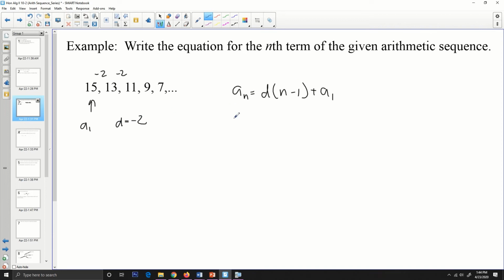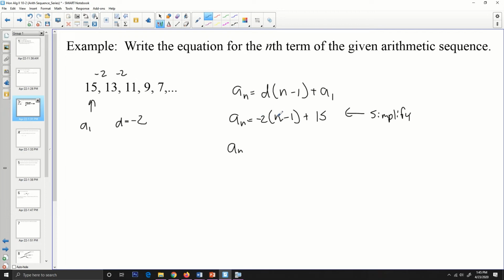So I'm just going to come over here. I'm going to go a sub n equals -2 times n minus 1 plus 15. So I need to simplify. I'm going to distribute.